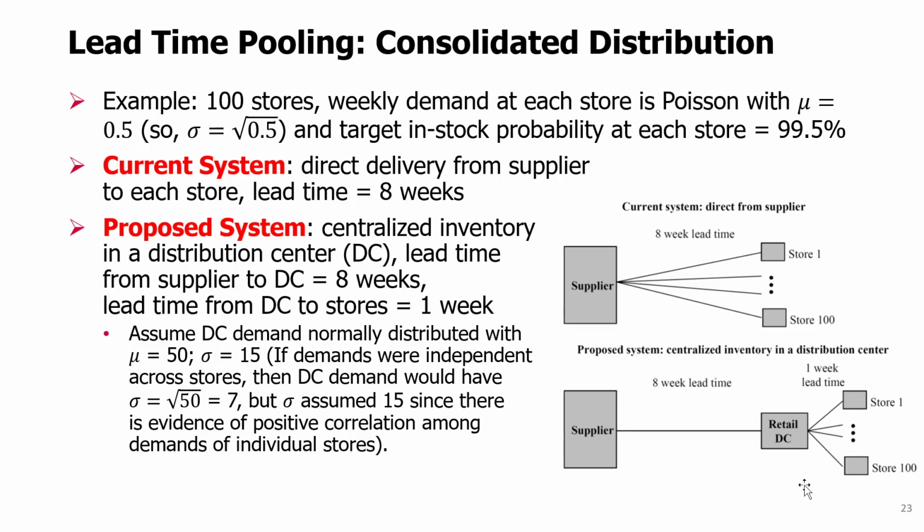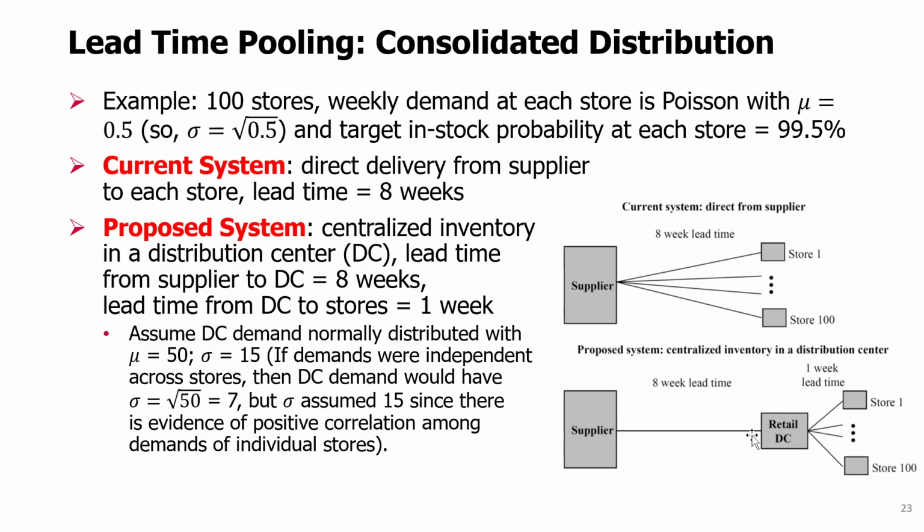In fact, it's not really lead time pooling, it's demands of those stores that are pulled together or kept together. But it is accepted as a term in literature, so we have to kind of get used to it, right? It is normally called lead time pooling because those separate lines are kept together for a longer time. And that's why this is called lead time pooling.